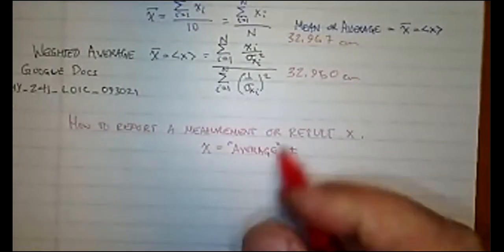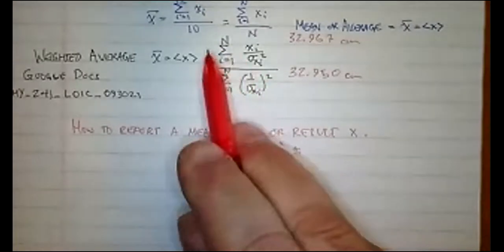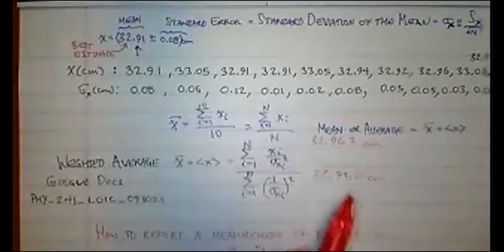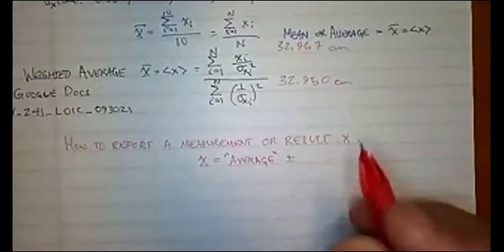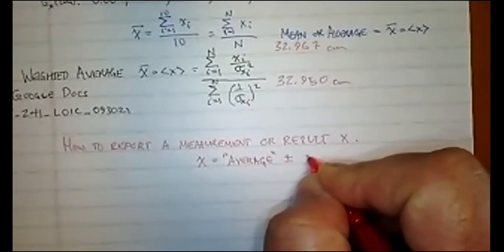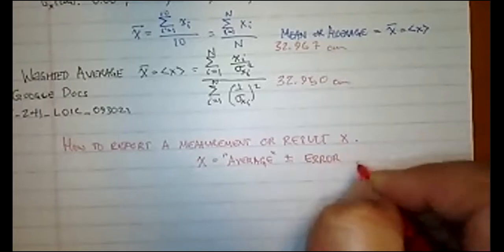Nice. Okay, so you're going to report it as X equals the average, or like I said, if you have the ability, because you actually know individual errors of the measurements, then you do the weighted average, and then plus or minus the error, I'll just call it error, and I'll define what error means.